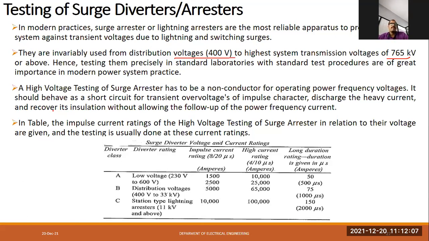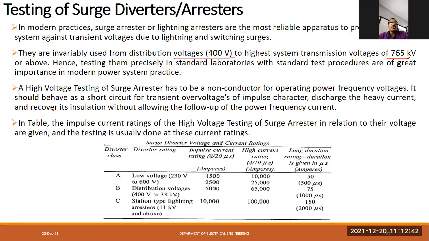The testing we conduct in our standard laboratories is important in our modern power system, because these surge diverters play a very important role in a power system. Again, in high voltage testing of the surge arrestor, or surge diverter, it has to be a non-conductor at the operating power frequency voltage.